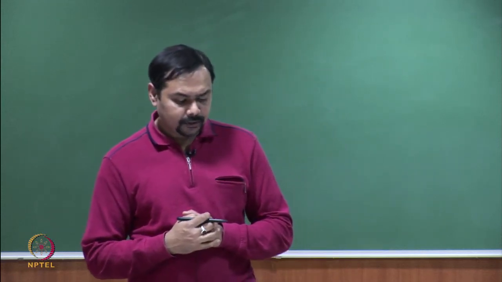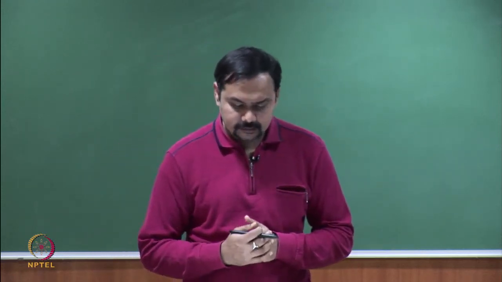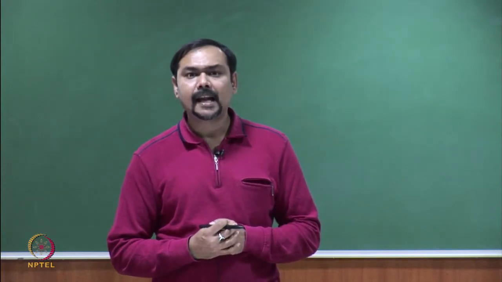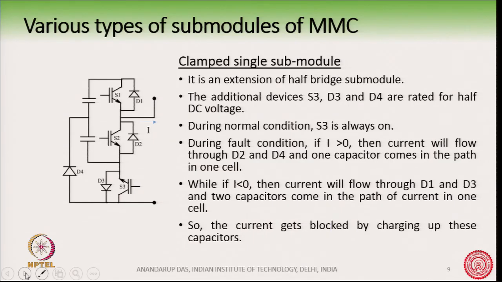So, for example, this is one such thing, clamped single submodule. You can see here that in this topology we have this half bridge along with an additional switch and diodes here. They are all rated for half the DC voltage.